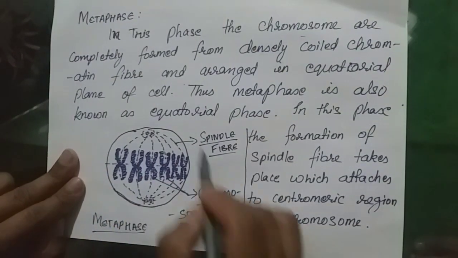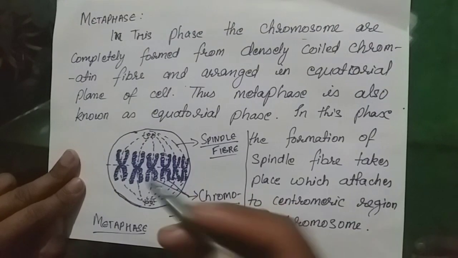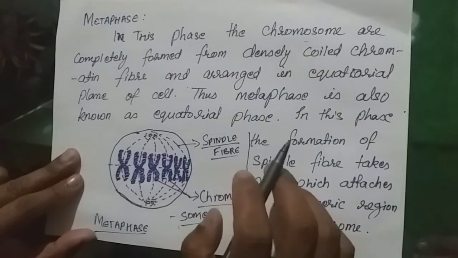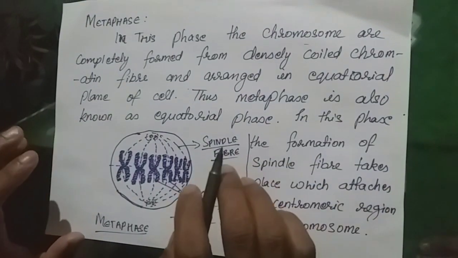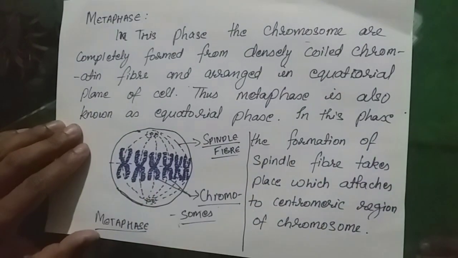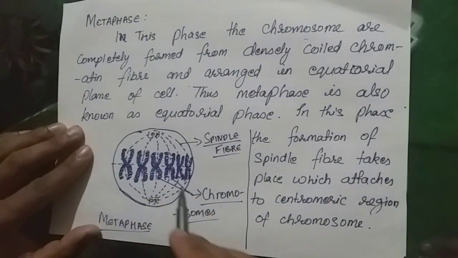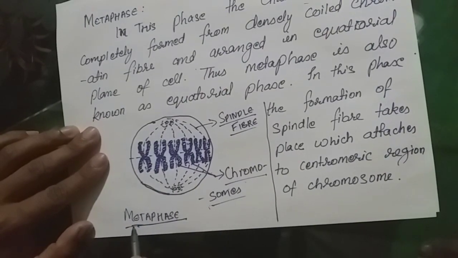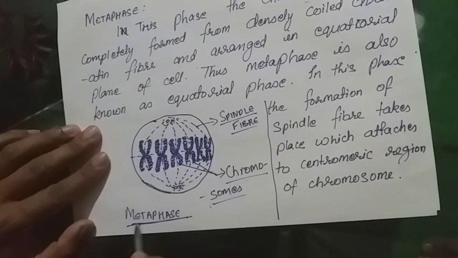So while we do the counting of chromosomes, when we say the diploid number of chromosomes in humans is 46, and the diploid number of chromosomes in Allium cepa or onion is 8, and so on, the counting of chromosomes always takes place in which stage of cell division? That is the metaphase stage.